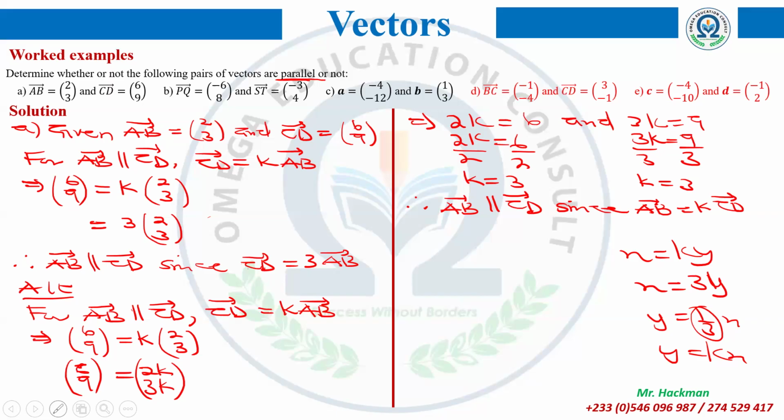No, y will be equal to the inverse of 3x. So since vector CD is equal to 3 times vector AB, that means vector AB will be equal to the inverse of 3. So it will be one third of vector CD, instead of CD.